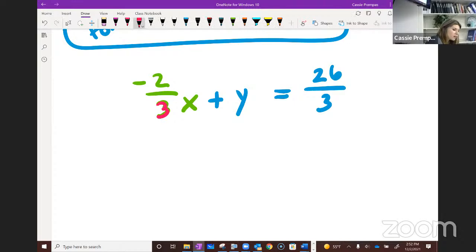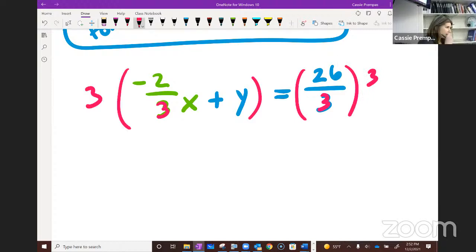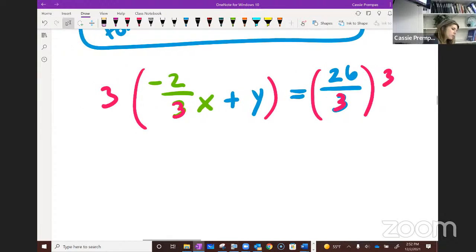3. Awesome. So I'm going to multiply this side by 3 and this side by 3. If you're saying -3, you're saving yourself a step. But I'll just go ahead and stick with 3 for right now. If I distribute that in, the first piece, the 3's cancel, and I have -2x.